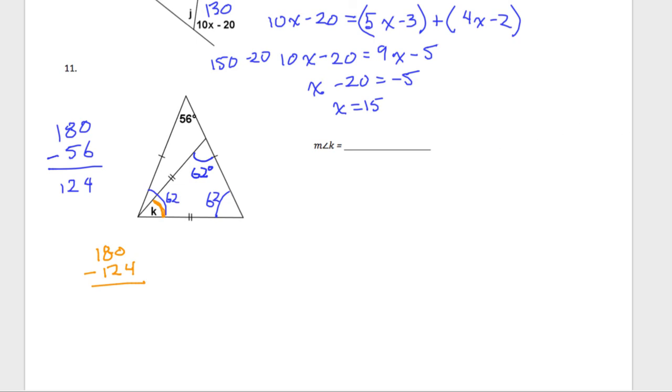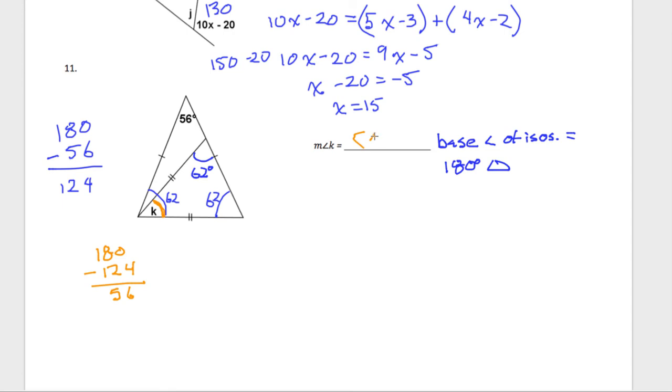So the two rules I'm using here over and over are that base angles of isosceles are equal, and we also use that there are 180 degrees in a triangle. So 180 degrees minus 124 is 56, which means K is 56 degrees.